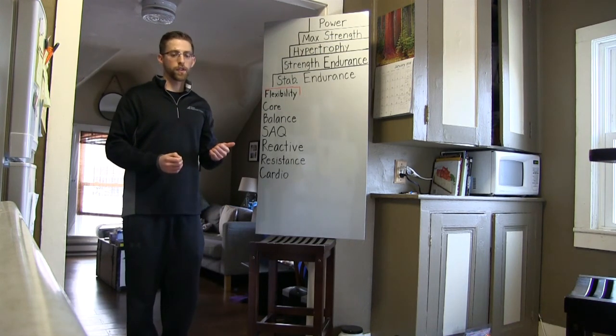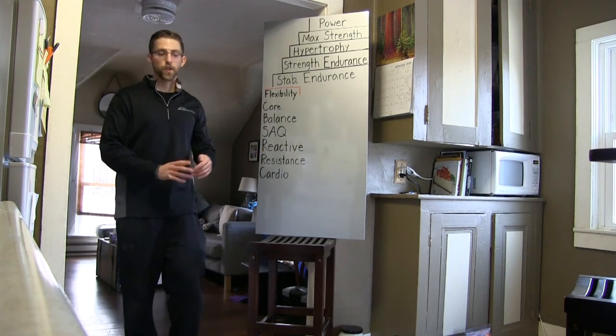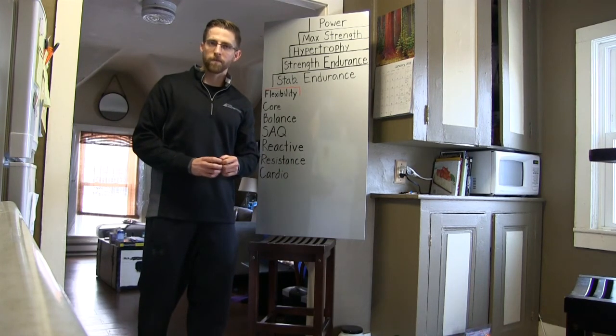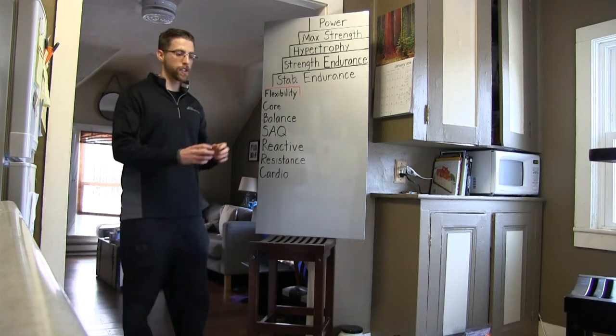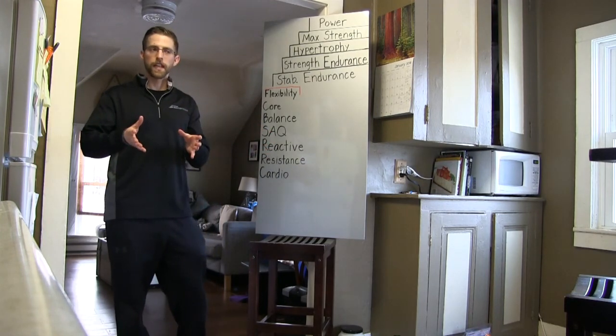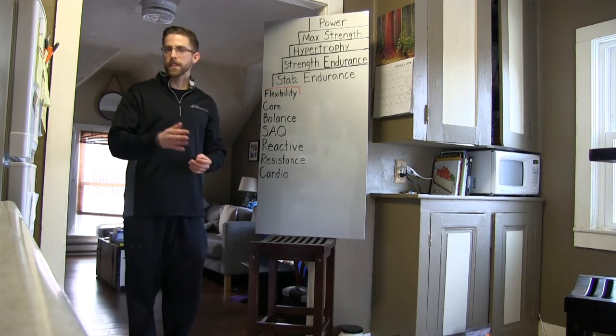The goal here is to increase the rate of overall force production. So we're looking for force times velocity to get that power. We're doing a strength exercise immediately followed by a power exercise. And if you're wondering, why not just work on power by itself?